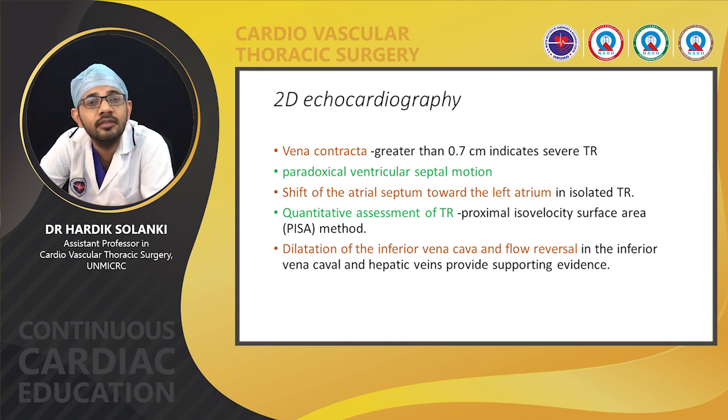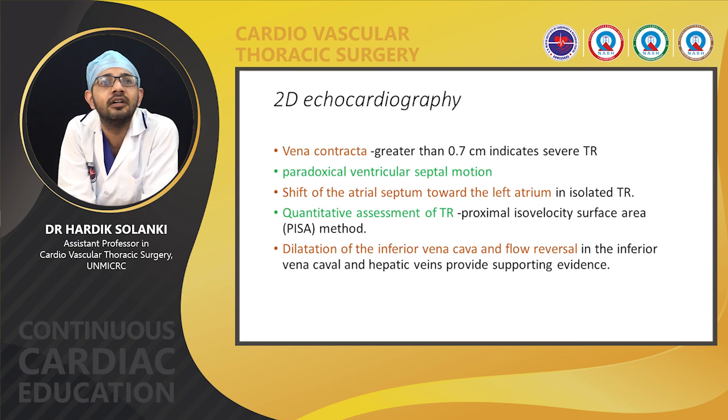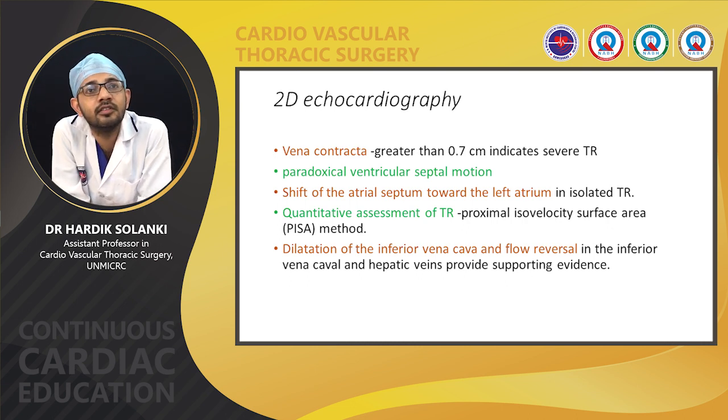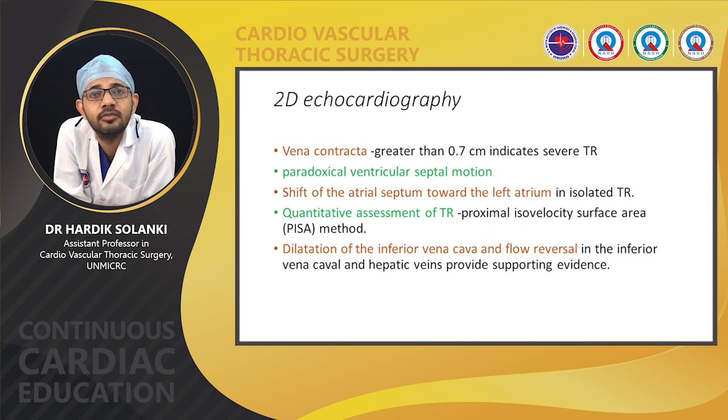2D echocardiography. The vena contracta, which is the predictor of tricuspid regurgitation, when greater than 0.7 centimeter, indicates severe tricuspid regurgitation. There is a paradoxical ventricular septal motion. There is a shift of the atrial septum towards the left atrium in isolated TR.